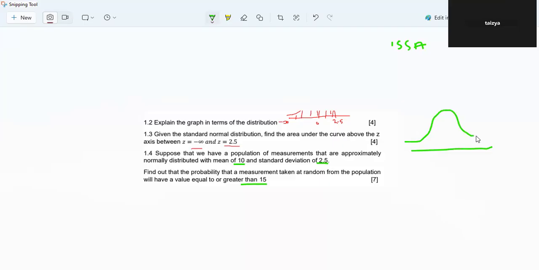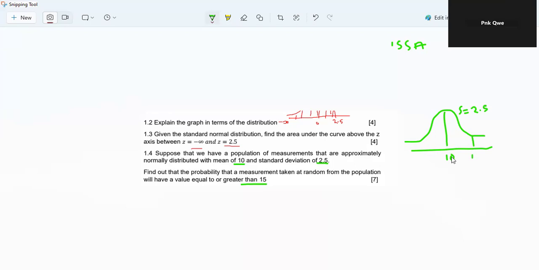The 10, which is the mean, okay? And what is our standard deviation? 2.5. And what is the question asking for? To find the probability that a measurement taken at random from the population will be equal to or greater than 15. Where is 15?